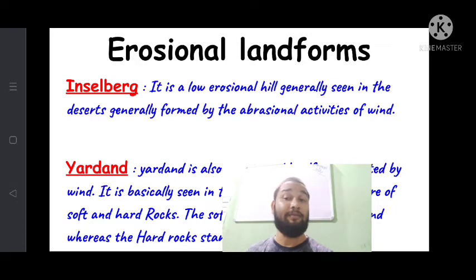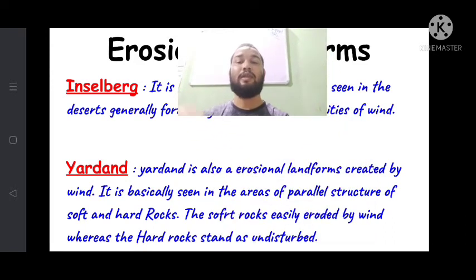Inselberg is a low erosional hill generally seen in the desert, generally formed by the abrasion activities of wind. Inselberg is a low hill which is eroded by wind action in the desert area. Next you see Yardang. Yardang is also an erosional landform created by wind action.